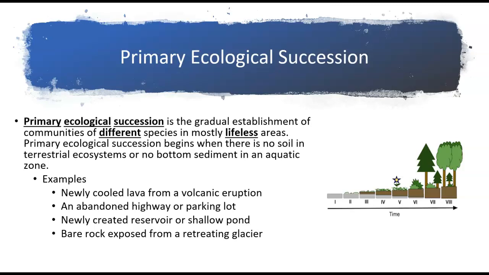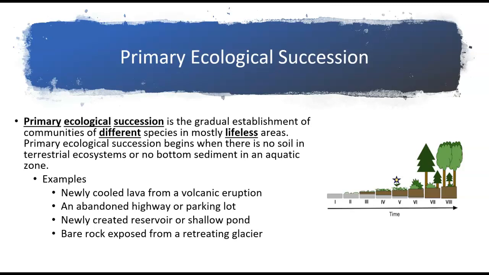Now, those organisms, through seasonal or climate change, you're going to have those things growing and dying and growing and dying. And as that happens, those organisms are going to start to mix into the eroded rock and start to create a very, very poor base of soil.